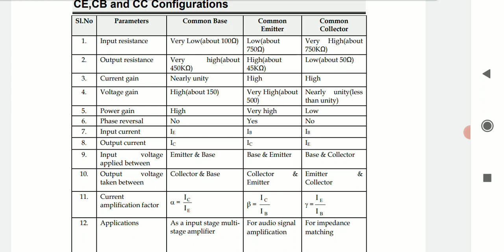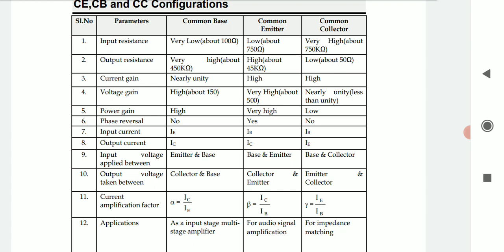Applications, this is very important. The common base configuration is very much useful as the input stage in multi-stage amplifiers. The common base amplifier stage may be used as the first stage in multi-stage amplifiers.